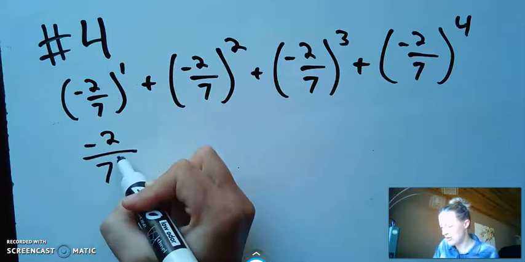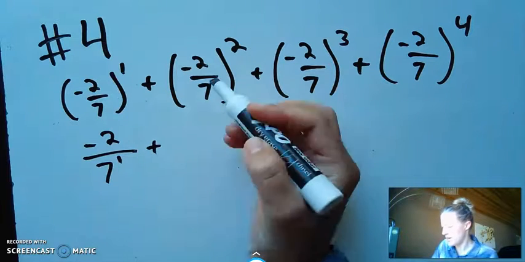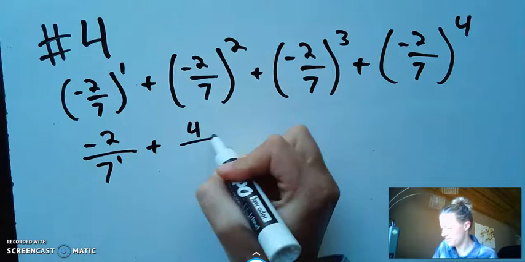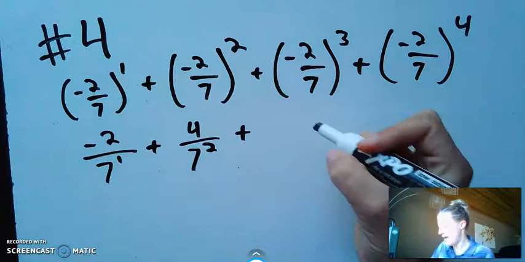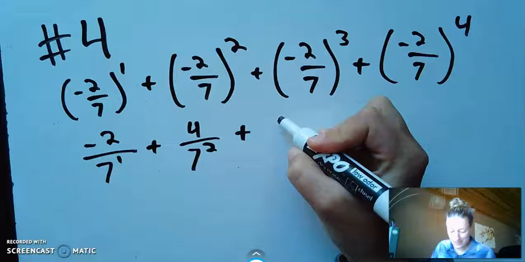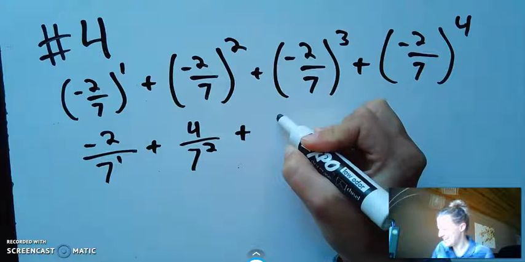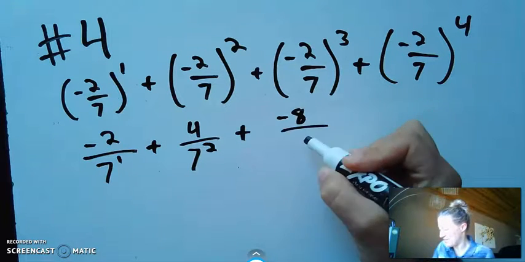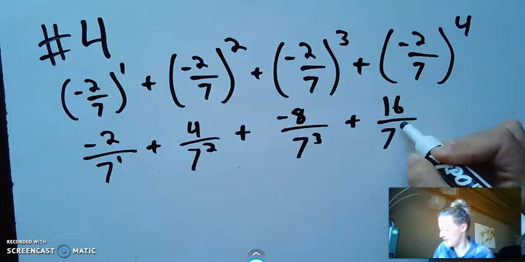But on the bottom, let's just leave it as an exponent. -2 squared is 4, and 7 squared is 49, but let's leave it 7 squared. And then -2 to the third is -8, and 7 to the third, and then 16 and 7 to the fourth.